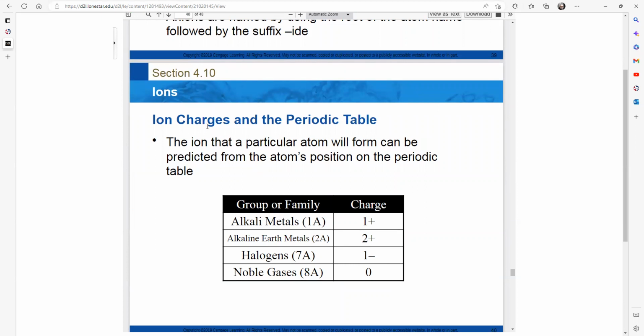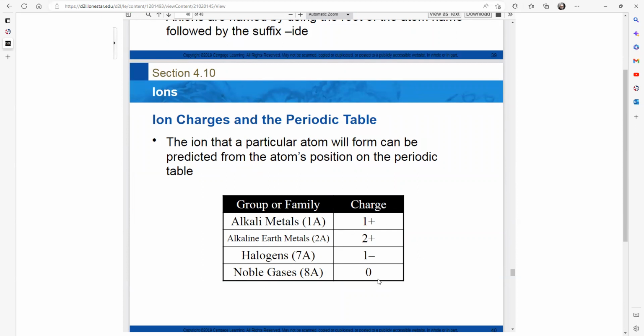The charges for the atoms are, for the alkali metals, group 1A, +1. Alkaline earth metals, group 2A, 2+. Halogens, 7A, -1, and the noble gases is 0.